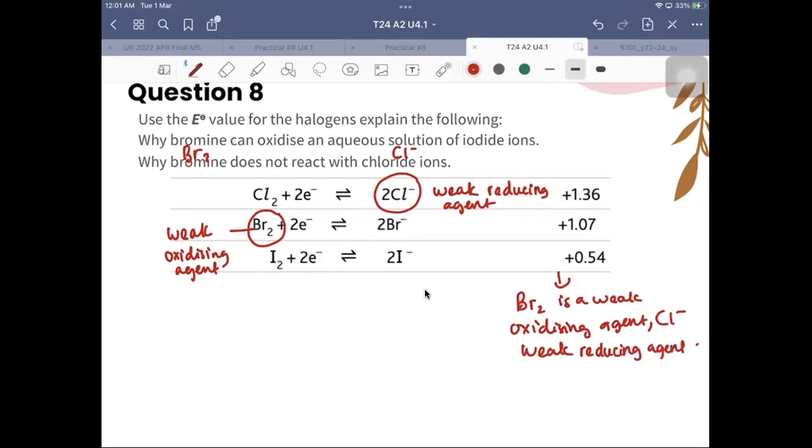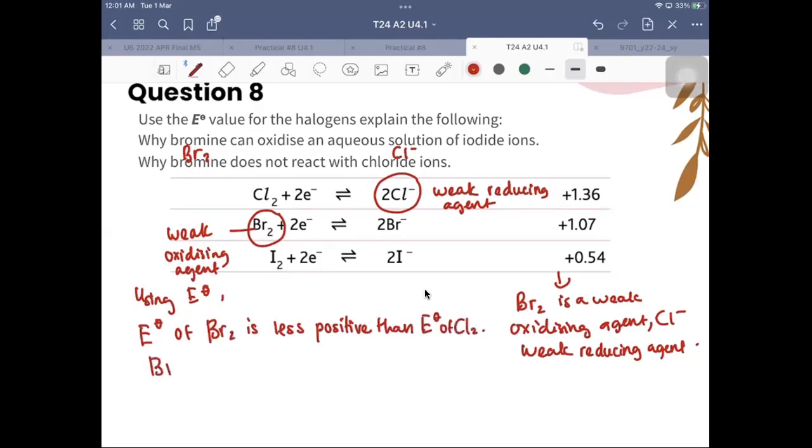In terms of the E naught values, we can find the E cell or we can explain it in words. So we say that E naught of bromine is less positive than E naught of chlorine.